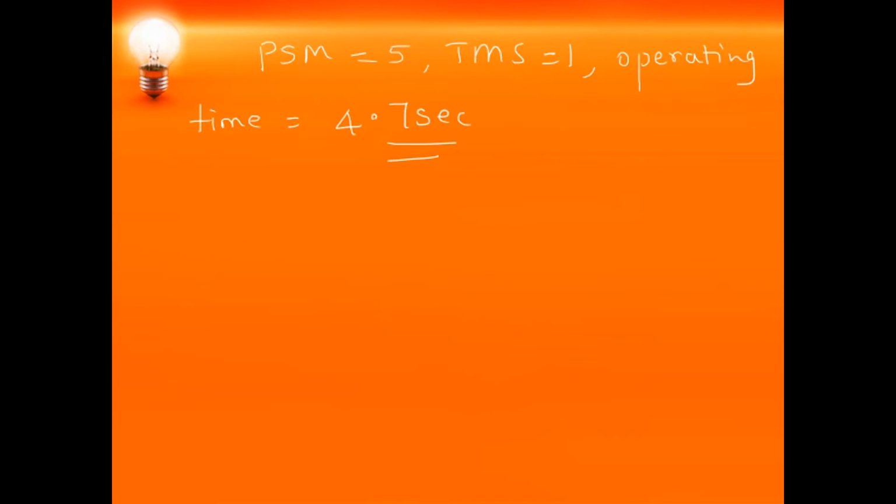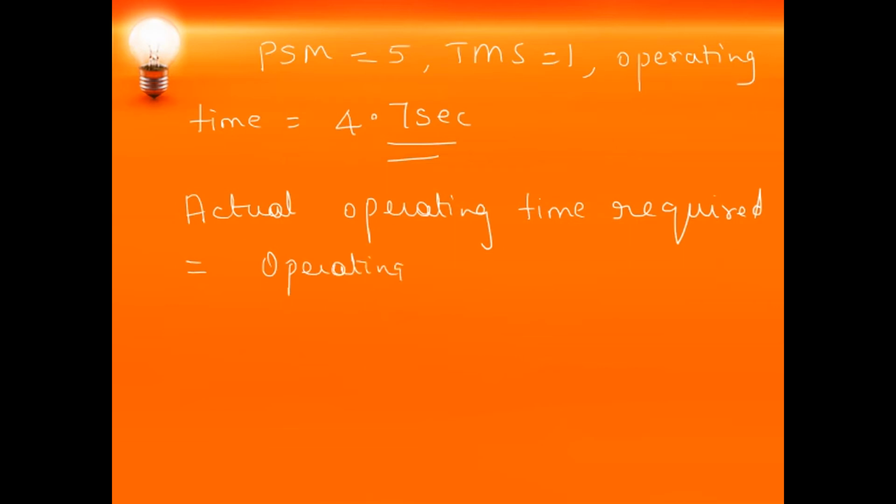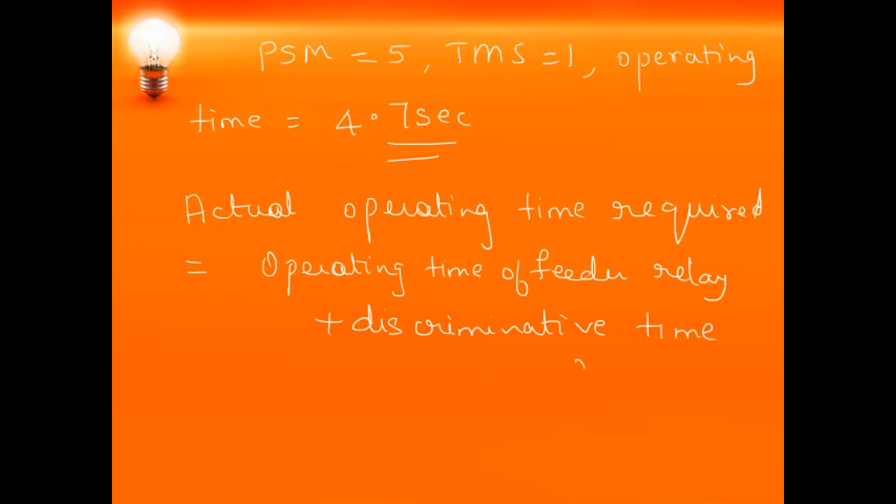So the actual operating time required is the operating time of the feeder relay plus the discriminative time margin.